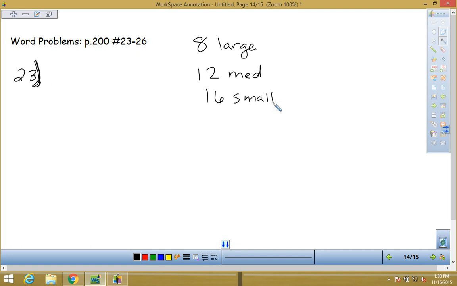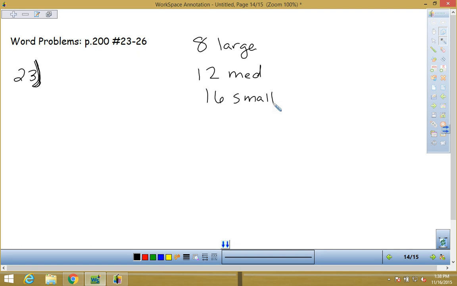Each page will have only one size of photo. So a page of smalls, a page of mediums, a page of larges. She also wants to place the same amount of photos on each page. So there's going to be 3 larges, 3 mediums, 3 smalls, or whatever the number is that we find out. So number 23 says, what is the greatest number of photos that could be on each page?